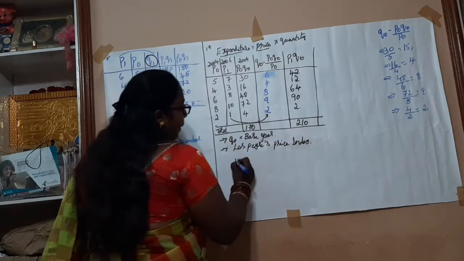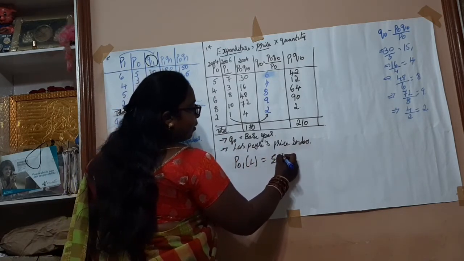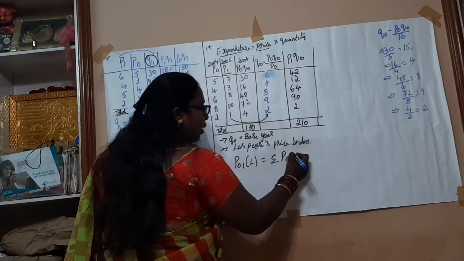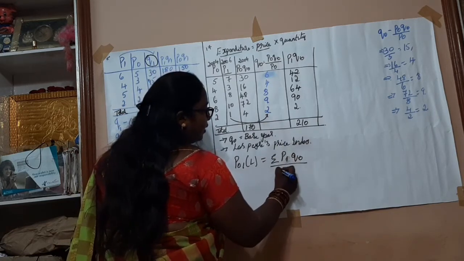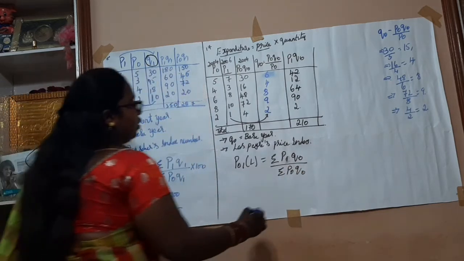So here, P01 L is equal to sigma P1 Q0 divided by sigma P0 Q0 into 100.